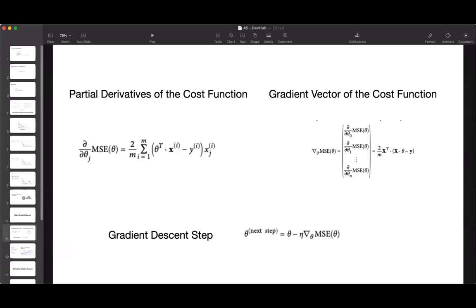At each step, we have to calculate the gradient over all the instances in my training set. This is why this algorithm is known as batch gradient descent. It uses the whole batch of training data at every step. As a result, it is terribly slow on very large training sets, but we'll see other gradient descent algorithms also, which are more beneficial than this.